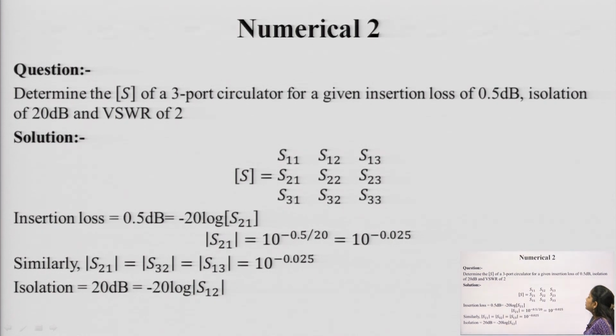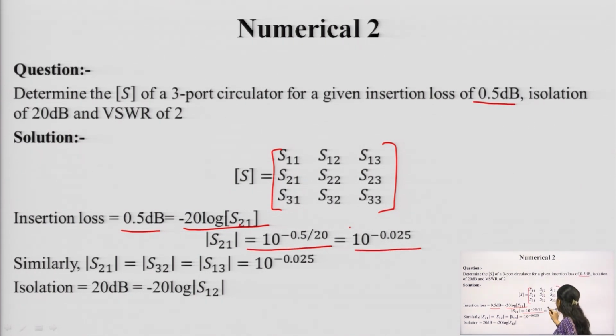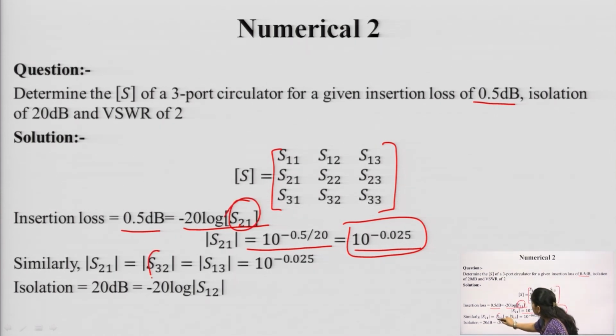Similarly, now another numerical where we have to find the 3-port circulator matrix. This will be the most probable matrix, and we have to find the value of each element. Here it is not mentioned that it is a perfectly matched case. Insertion loss we can calculate in the same way: 0.5 dB insertion loss is mentioned here, minus 20 log S21. So, S21 is equal to 10 to the power of minus 0.025, and the insertion loss remains the same for S21, 2 to 3 and 3 to 1.